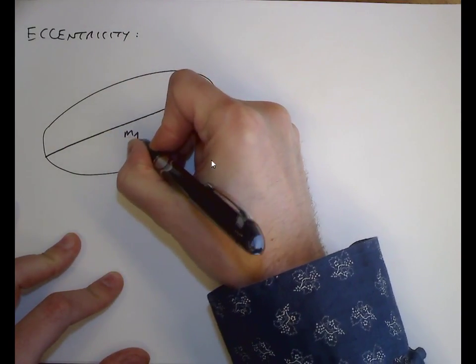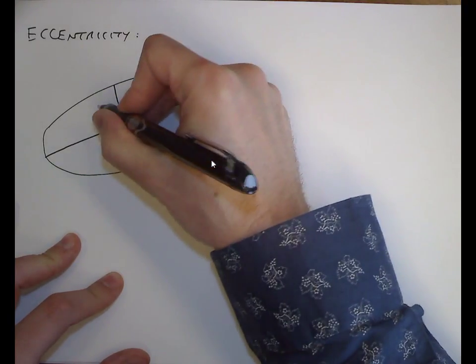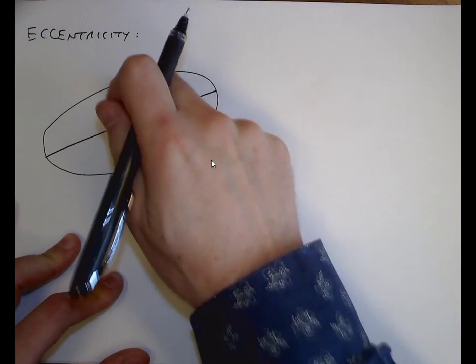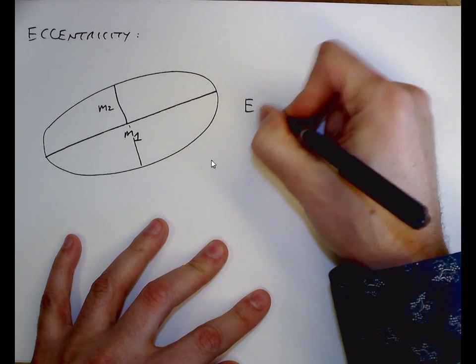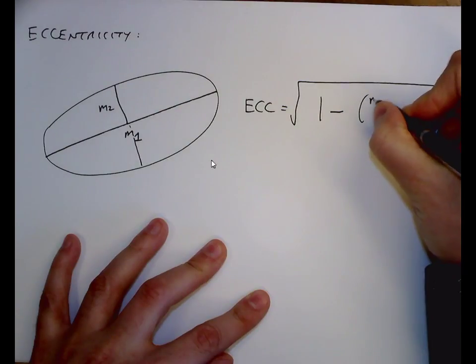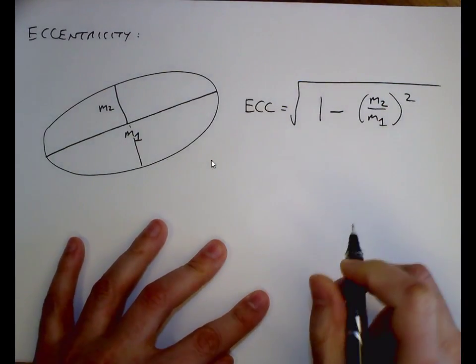It gives you this length is M1, and this length is M2. So basically you get the whole length of the ellipse and the whole height of the ellipse. And then the eccentricity is defined as basically a ratio between the minor axis length and the major axis length with a little bit of quadratic stuff.